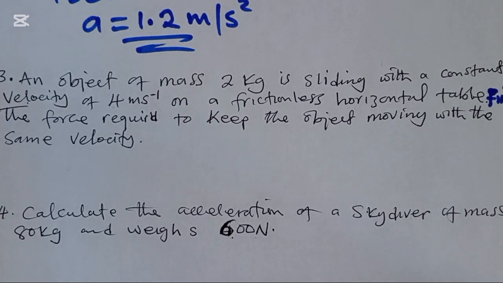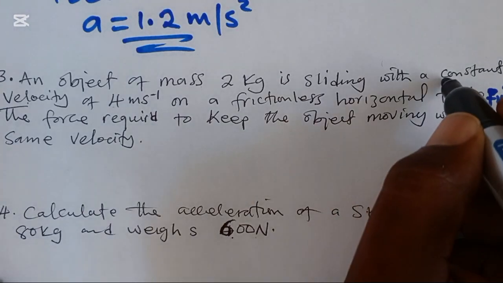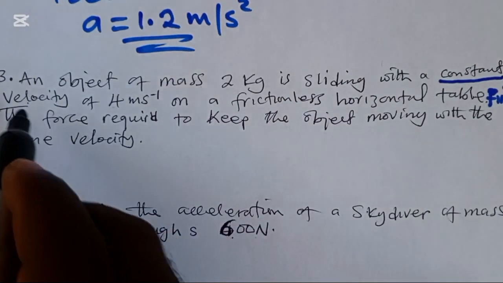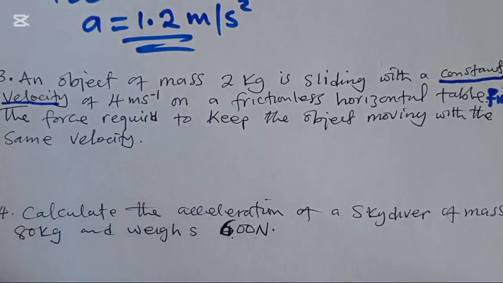Find the force required to keep the object moving with the same velocity. So remember that in this case, velocity is constant. We have a constant velocity. So where we have a constant velocity, acceleration is equal to 0.